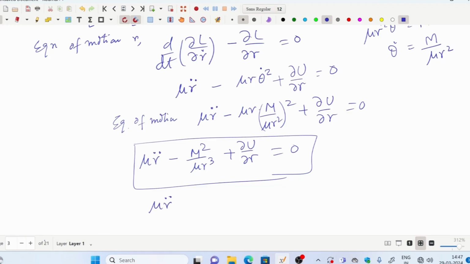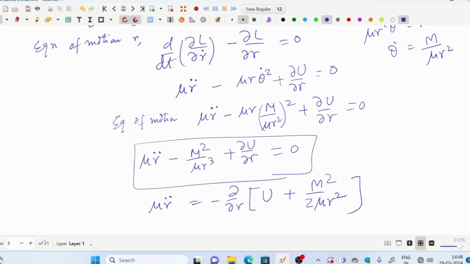If I take mu r double dot equal to, taking the right side, minus del by del r of u plus m square by mu r square.